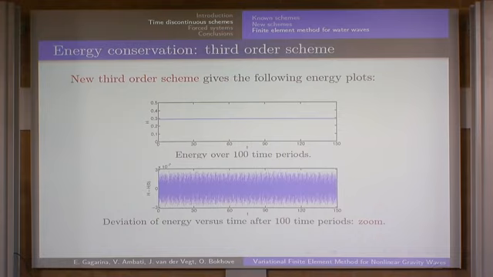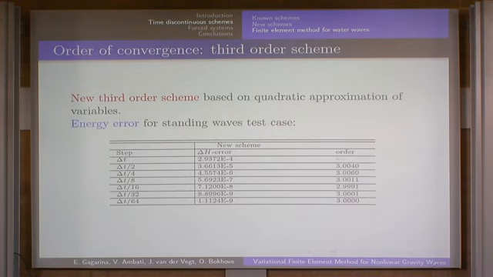Also, the deviation of the energy is characteristic of the system itself. So when we take smaller and smaller time steps, we get smaller and smaller deviations. We perform this test, just take a smaller and smaller time step, measure the deviation, and then we can also verify that there is a third order convergence for this scheme.